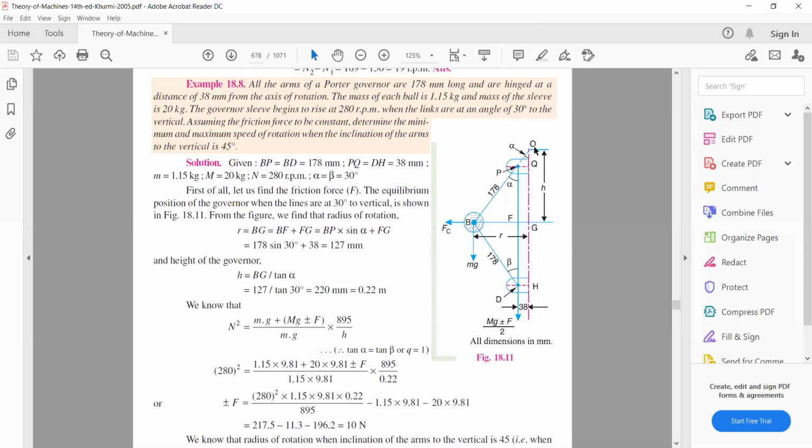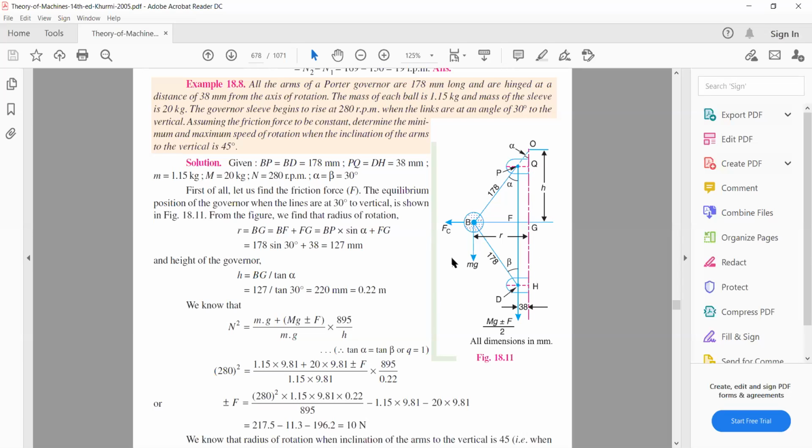Now observe those representations in our diagram: O, P, B, D, and the points Q, G, H, which are placed on the spindle axis. What are the forces in our Porter governor?